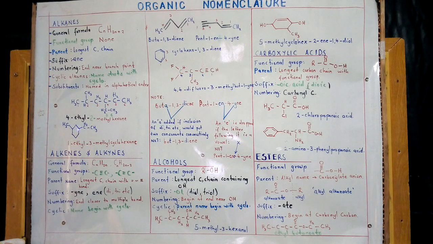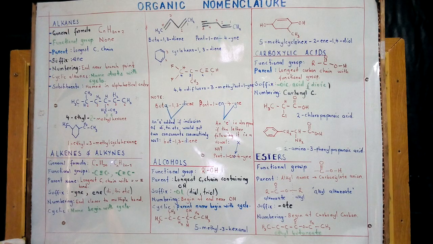So 1-ethyl-3-methyl. Then because it's cyclic, we shall have cyclo. It's a 6-member carbon single bond ring, hexane. The suffix is -ane. So this is how we name these specific compounds that we call alkanes, the hydrocarbons that we call alkanes.